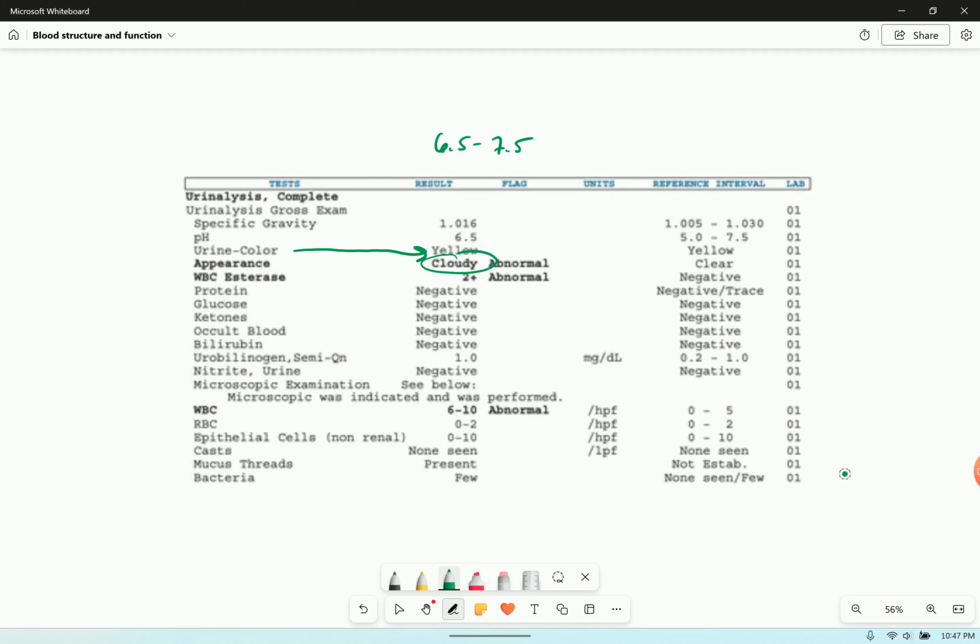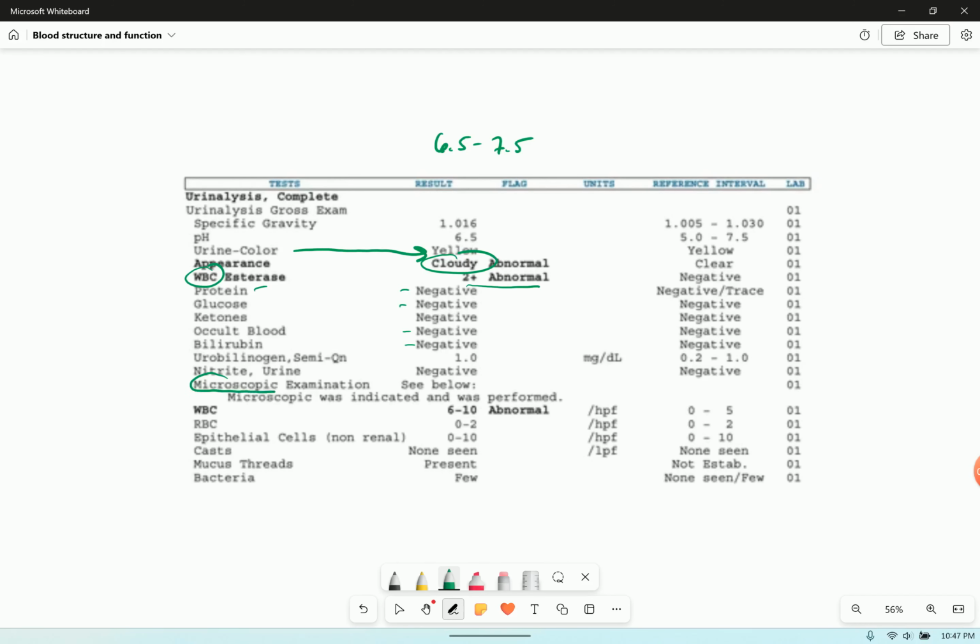So in this case, we're looking at cloudy, which can indicate an infection, and white blood cells is positive, so likely dealing with an infection here. However, no proteins, no glucose, no ketones, no occult blood, no bilirubin or urobilinogen. The nitrates are fine.